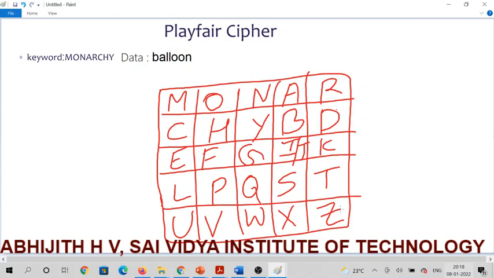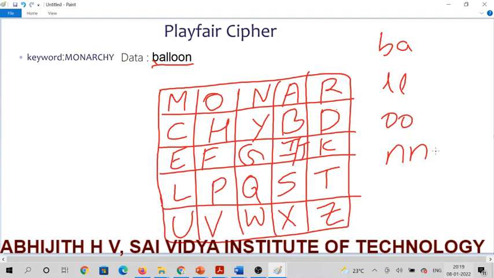Now let us assume I want to convert this plaintext balloon into a ciphertext. So balloon will be split into BA, LL, OO, N. In the Playfair cipher, if we have a digraph with the same letters, we will add one junk value like X to it.